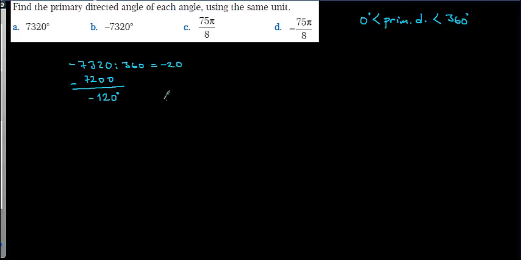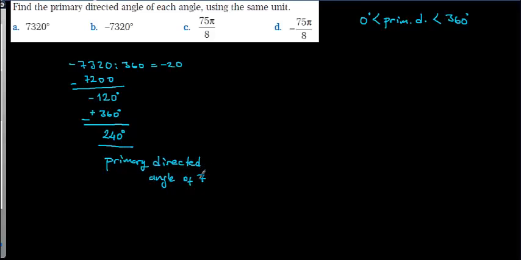So I need to add 360 degrees to minus 120 to make the positive angle here, and that makes 240 degrees. So this is the primary directed angle of minus 7,320.